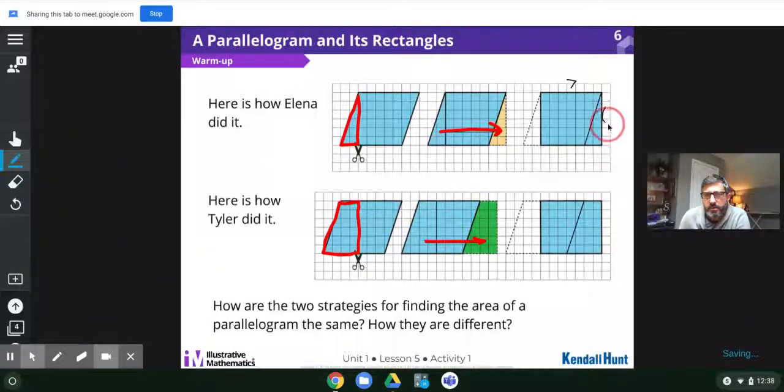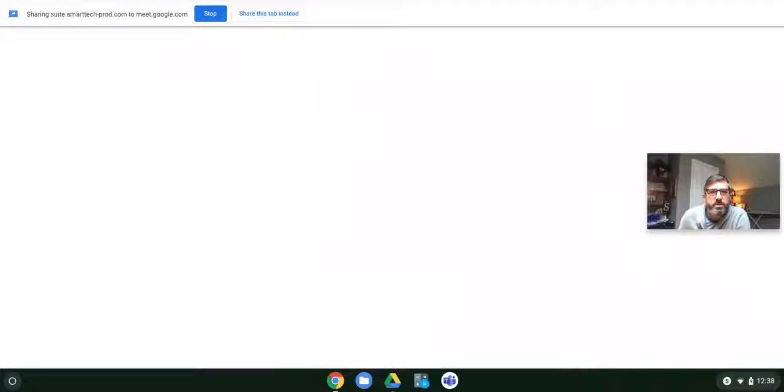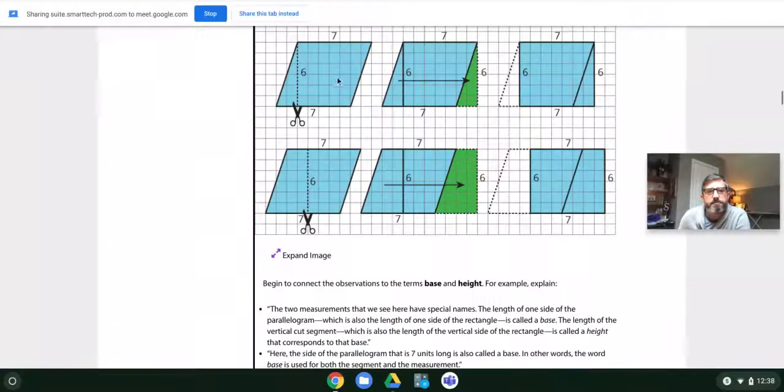Okay, we've got 6 right here. So if this rectangle is the exact same, then this side is 7 and this side is 6 also. So what does all that mean? Where am I going with this?